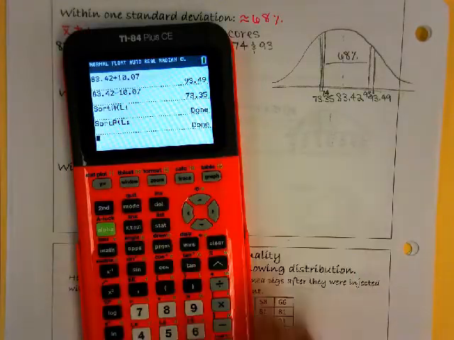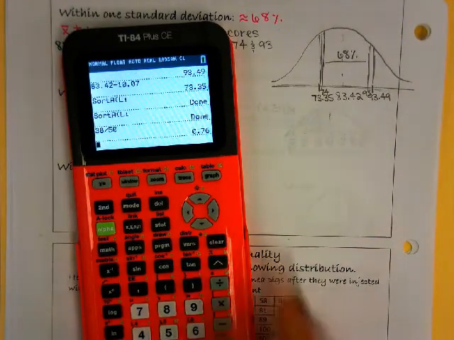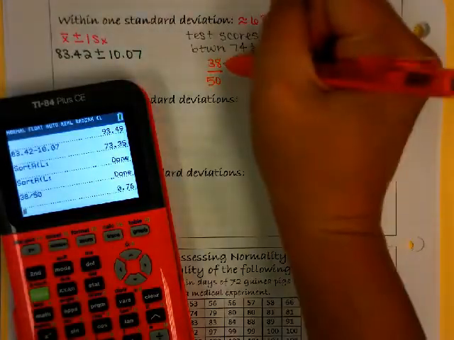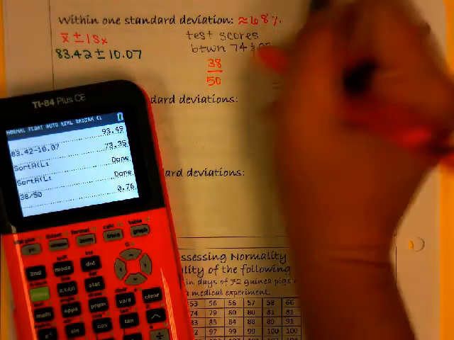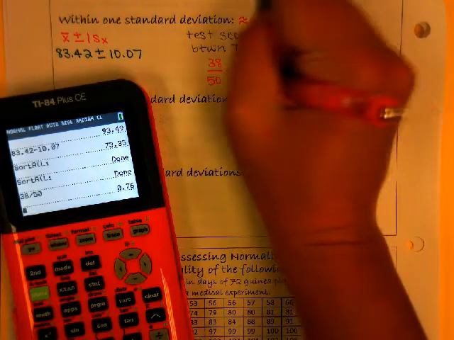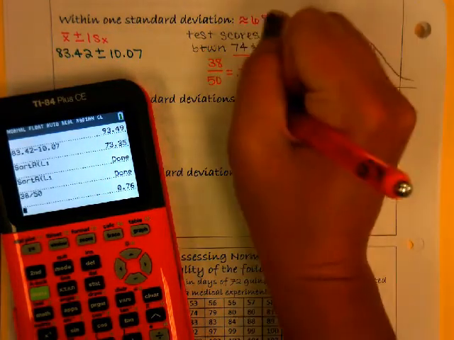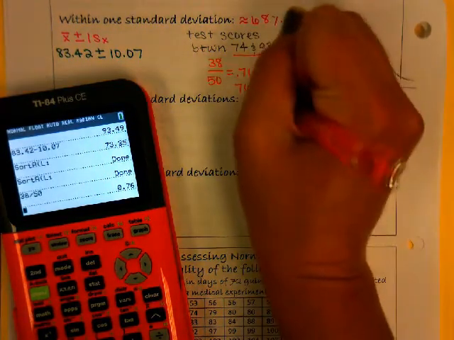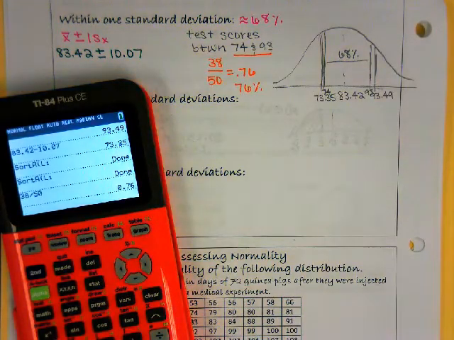There were 50 test scores total, so that's 0.76, or 76% of my test scores fall within 1 standard deviation above and below. Does that make sense, what we just found? That was 68. It should be about 68 if it's normal.